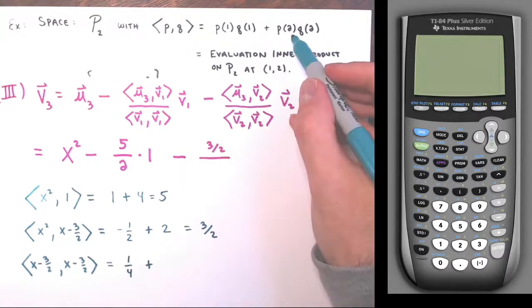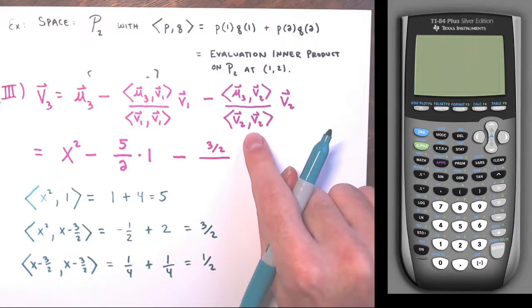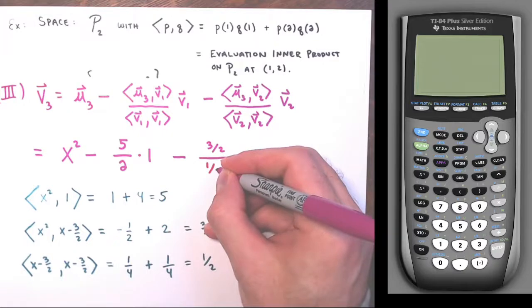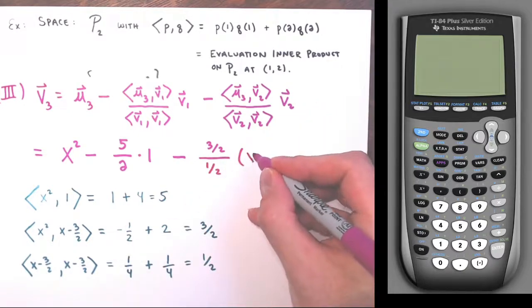Plus the value at 2 for both of these squared, and that'd be another quarter. 2 minus 3 halves is another half, and squared would be a quarter, a half times a half. So that's a quarter plus a quarter, 2 quarters, which is a half. So the denominator, this inner product of v2 with v2, is 1/2. And then this is getting multiplied by v2, and v2 was the polynomial x minus 3 halves.